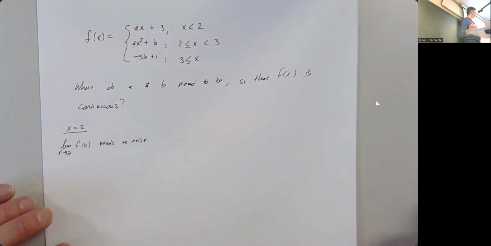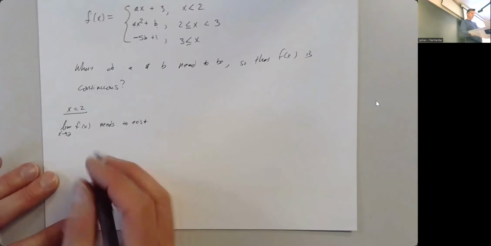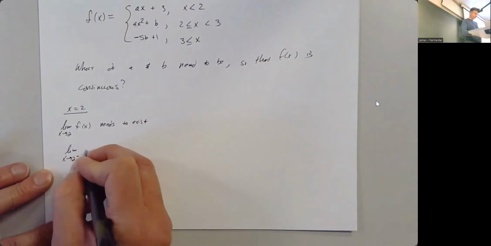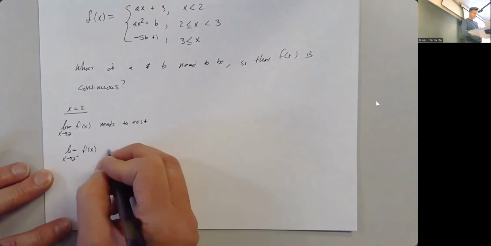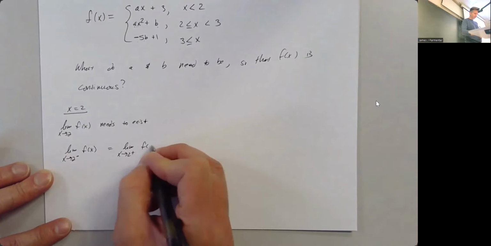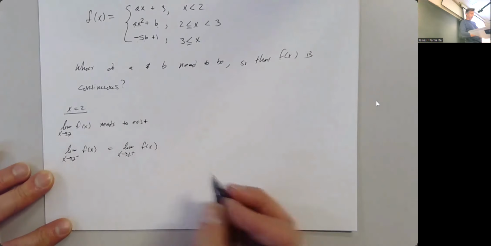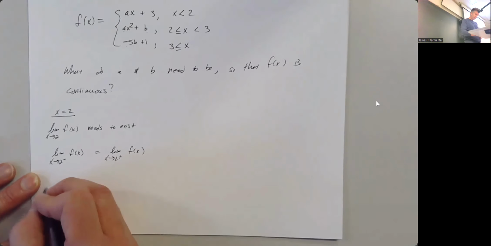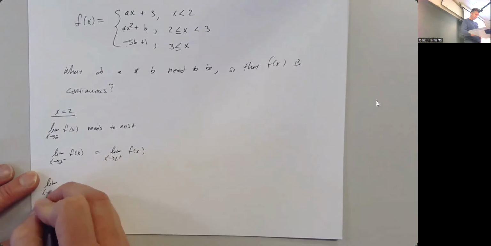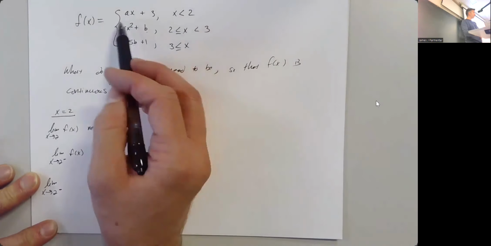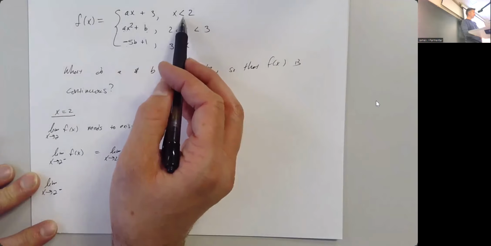Now I'll show you the long way first. So what that means is we need the limit as x approaches 2 from the left of f of x to equal the limit as x approaches 2 from the right of f of x. So actually writing that out, the limit as x approaches 2 from the left of, I'm using this first piece right here, because that's where x is less than 2.